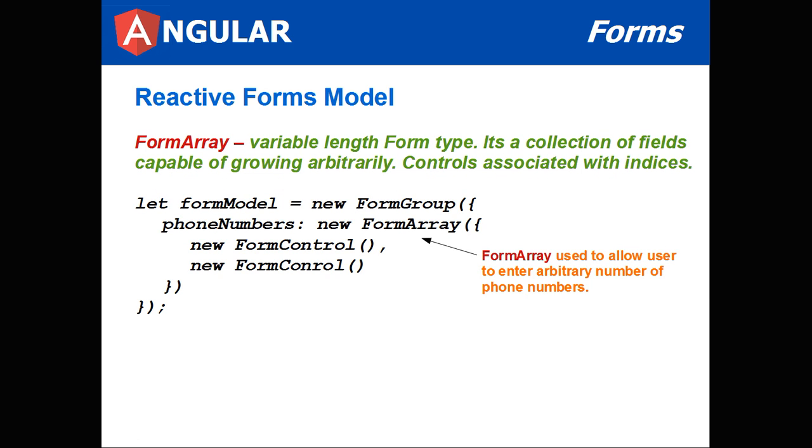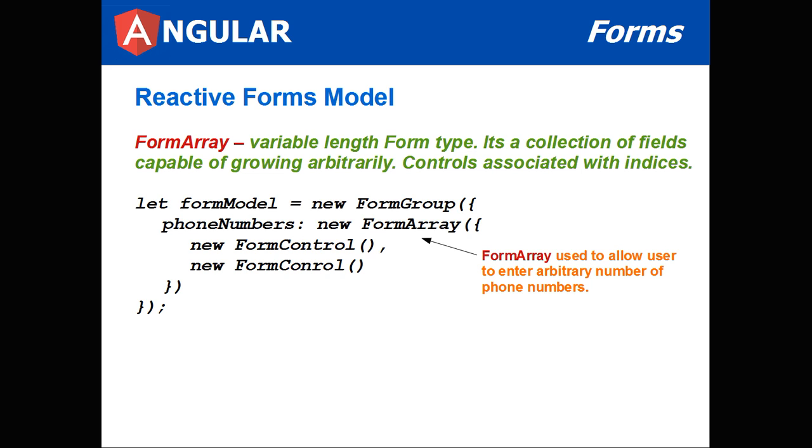A form array is a variable length form type. It's a collection of fields capable of growing arbitrarily. Its controls are associated with indices. For example, let form model equal new form group, and inside that form group we define phone numbers, which is a new form array.